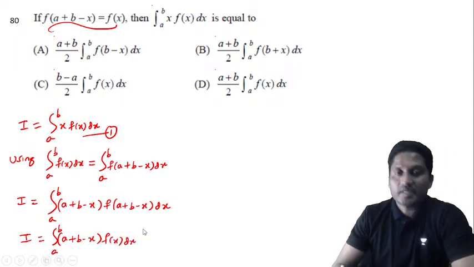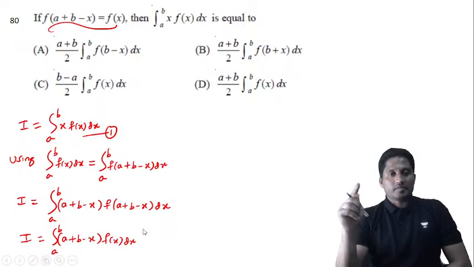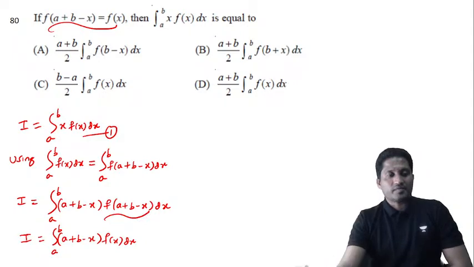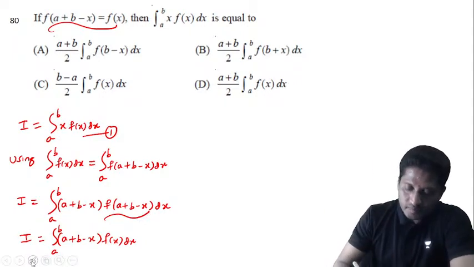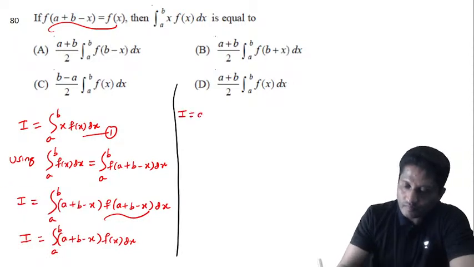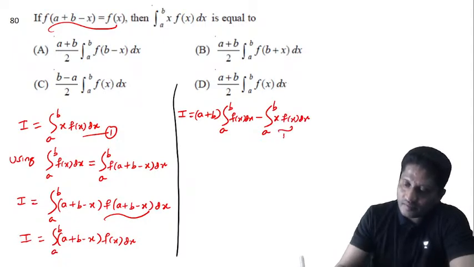According to the question, f of a plus b minus x is f of x. So I'm replacing f of a plus b minus x with f of x only. Now let us split this. I is equal to a plus b integral a to b f of x dx, minus integration of a to b x into f of x dx. The second term is the same as I from equation 1.